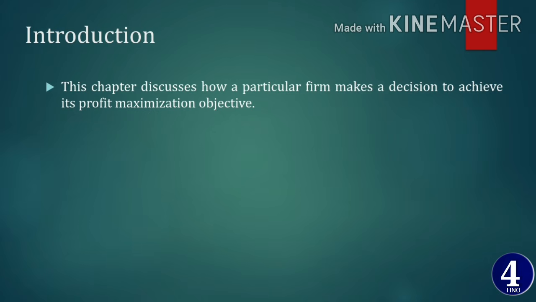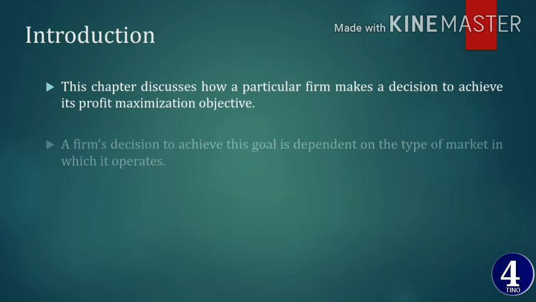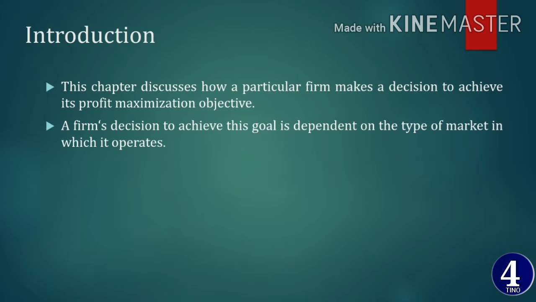A firm's decision to achieve this goal is dependent on the type of the market in which it operates. The firm will make a decision on the price, or else on the quantity that he or she is going to supply for the market.